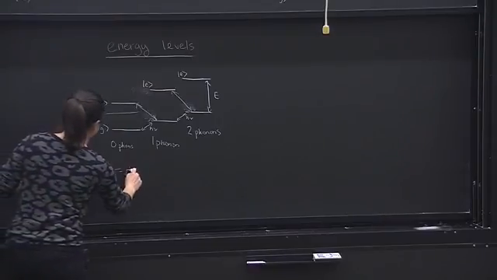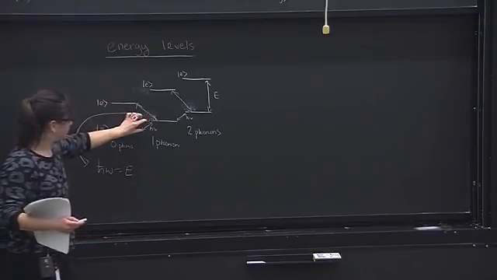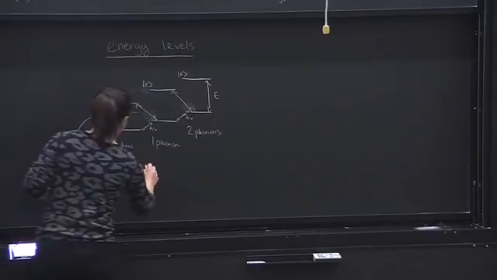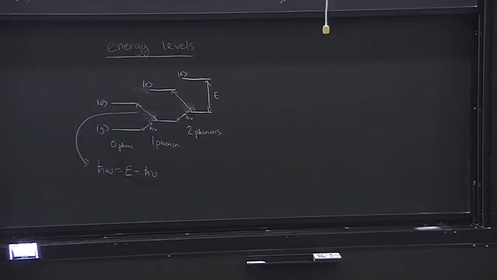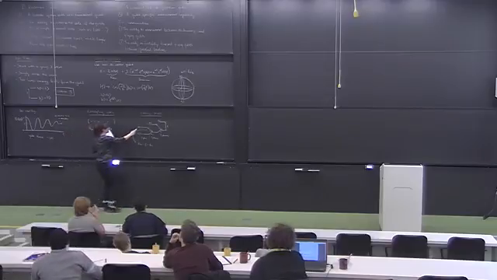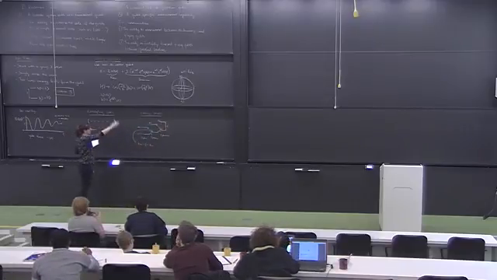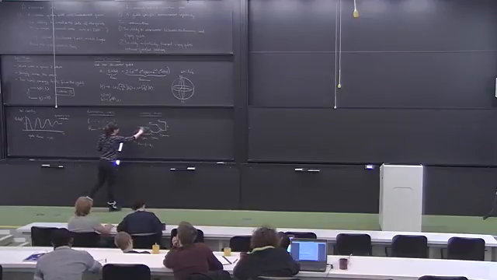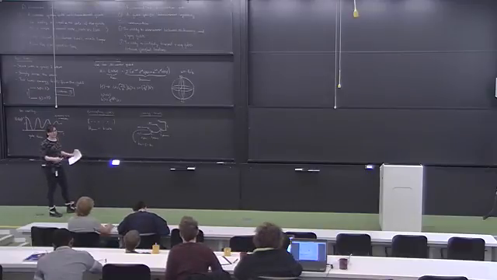That energy is going to be E minus h bar nu. So what happens when we shine a laser of frequency omega? It's going to couple these, and these, and these, and essentially couple all of the ground and excited states in this. Yeah.